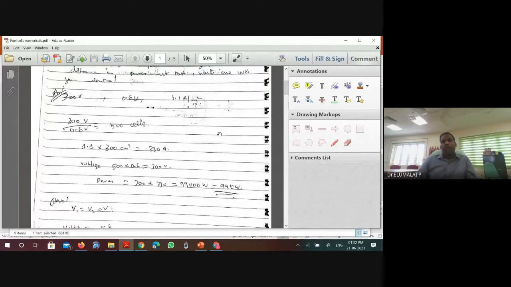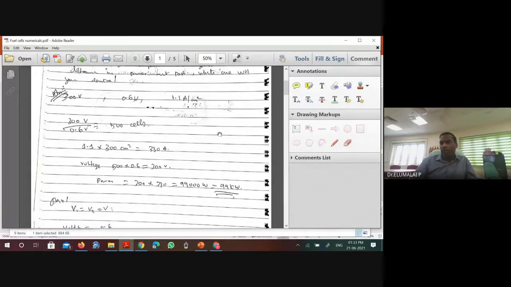300 volts you have to get from a stack of fuel cells connected in series, with the individual fuel cell delivering 0.6 volts at 1.1 amperes per square centimeter current density.